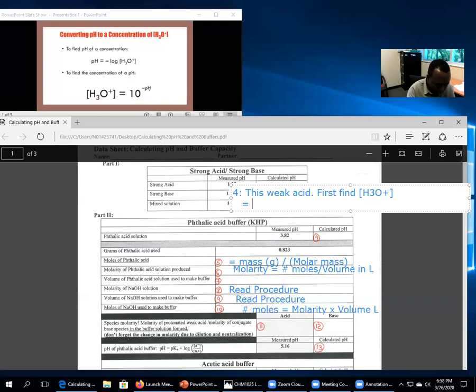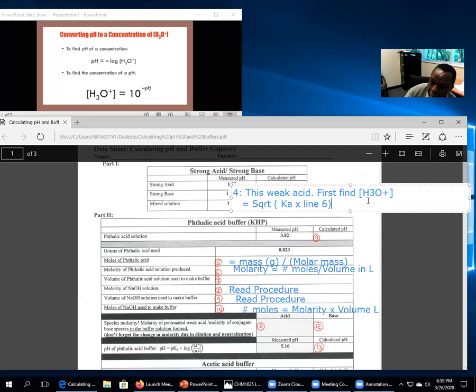Let me just write SQRT for square root. You have to put a square root of this. Under the square root sign is the Ka of the acid times the value you get from line 6. Everything under that will give you the hydronium concentration. You'll see somewhere in the text giving you this equation. They might have a different approach, but this is the way forward in finding the hydronium concentration for a weak acid.